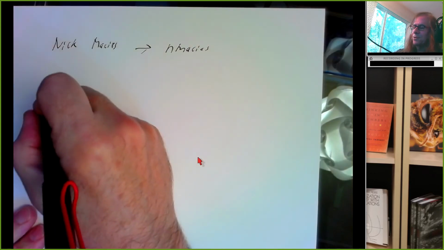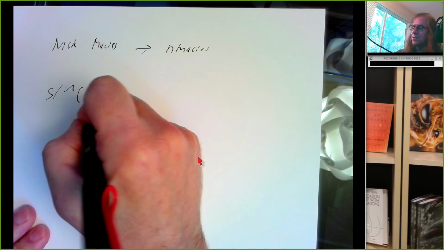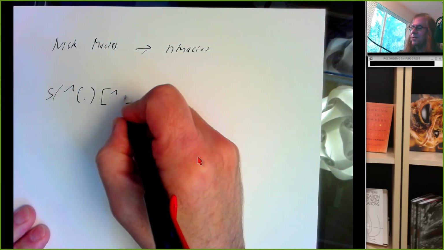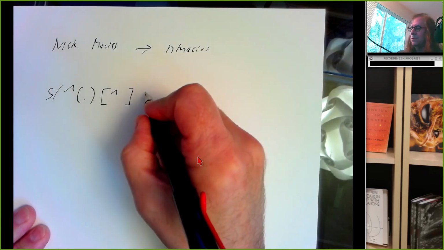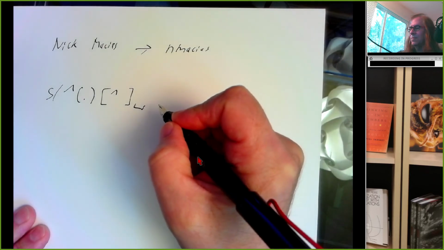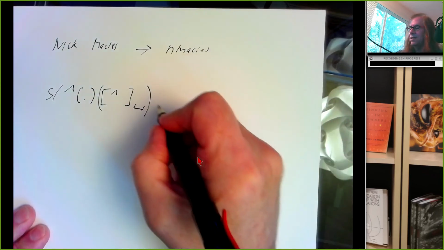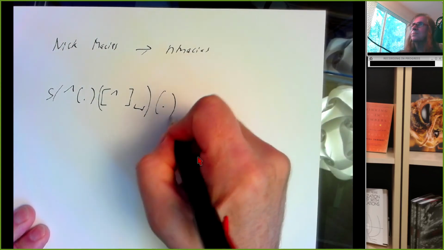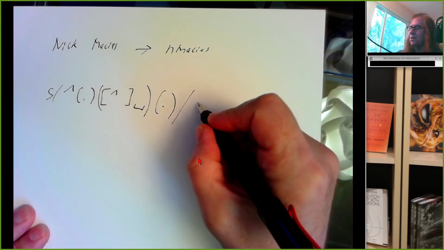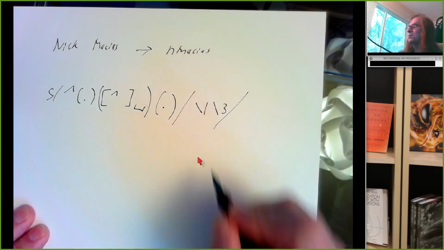Well, I could search for the beginning of the line, followed by one character, followed by anything that's not a space, followed by a space, and let's put all of this in a register, and then let's match a single character, which would be the beginning of the M, and let's replace that with the first initial of the first name and the first initial of the last name.